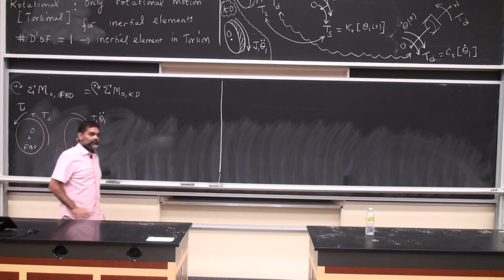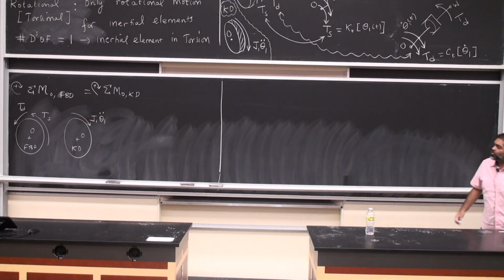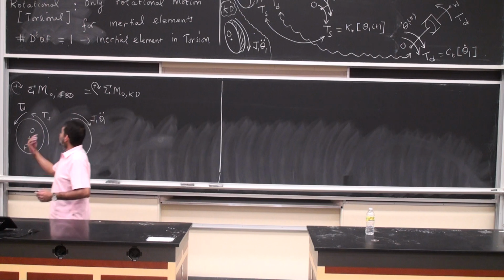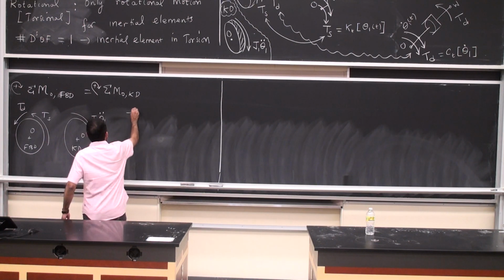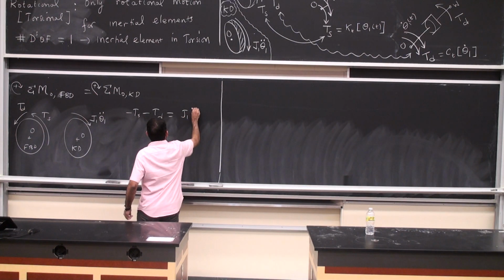You can also do it this way. This is completely fine, if it is easier for you to visualize it. And if you do it this way, then you see the Ts and Td are both counterclockwise. J1 theta 1 double dot is clockwise, so I write it out. So minus Ts minus Td is J1 theta 1 double dot.